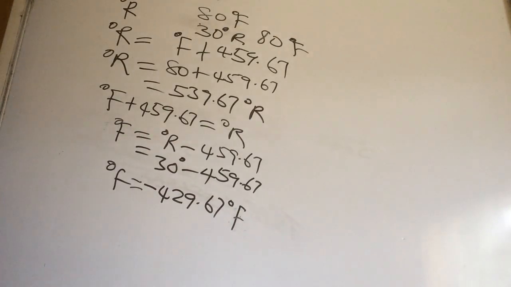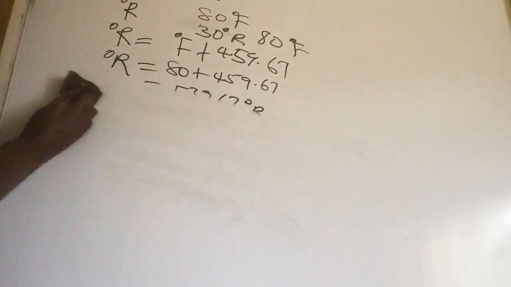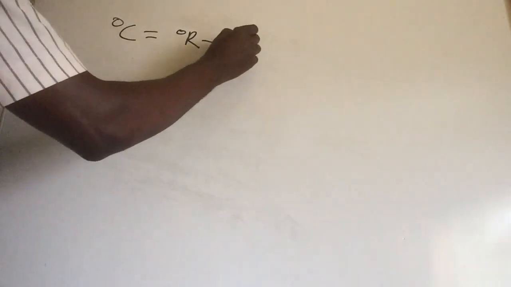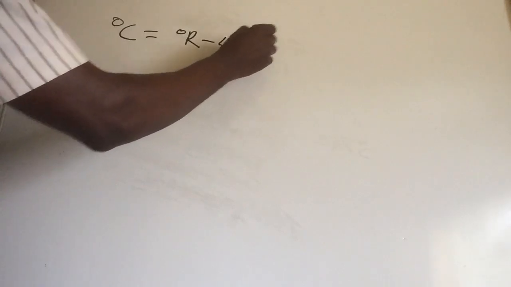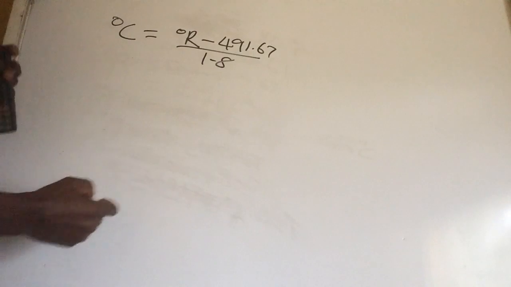Now, let me give you another solution: the relationship between Celsius and Rankine. Degree Celsius equals Rankine minus 491.67, all over 1.8.